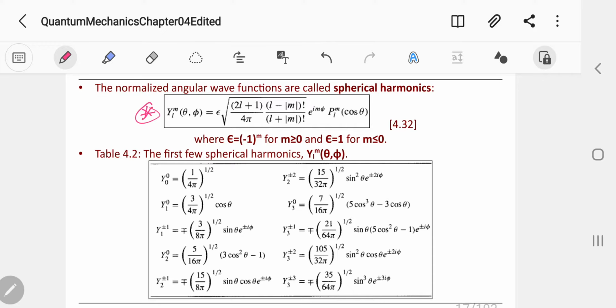The normalized angular wave function is called the spherical harmonic. You can check this out in the first few spherical harmonics given in Table 4.2 here.